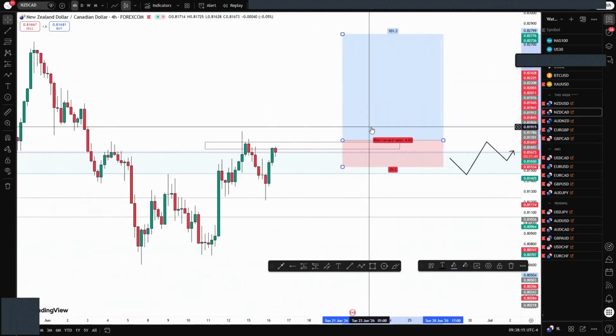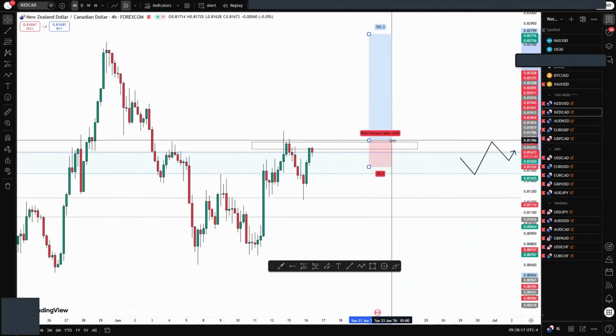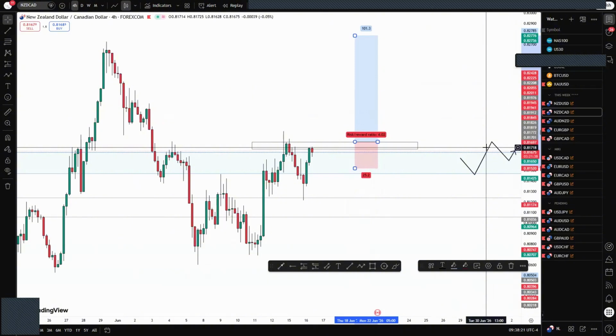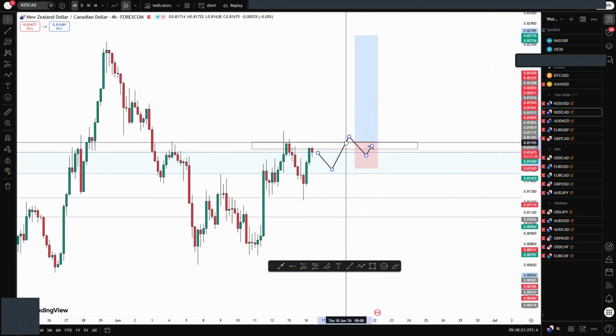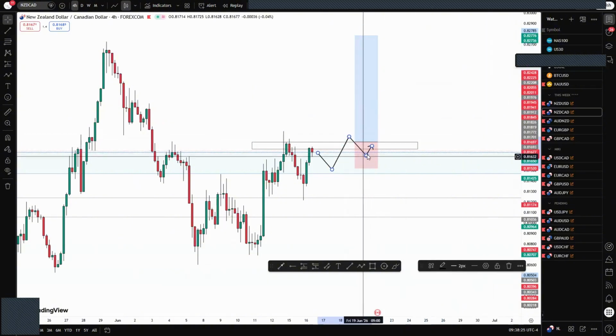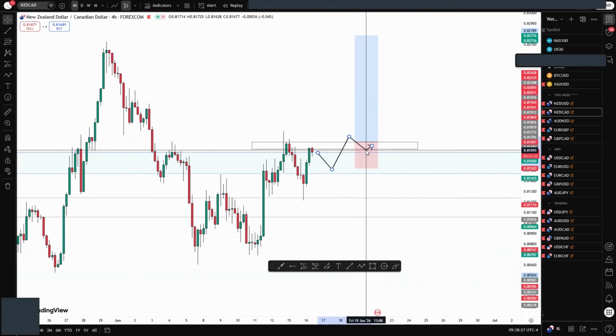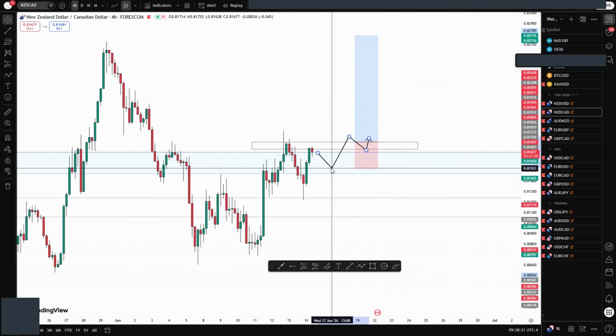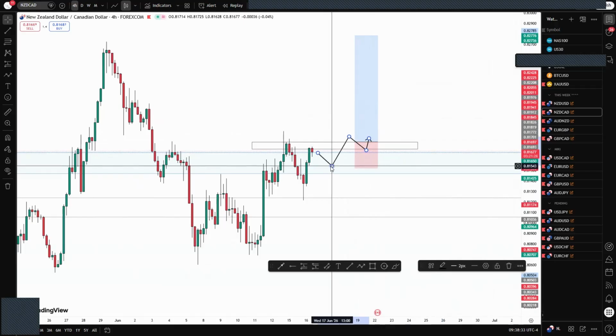Then price needs to break above and retest. Then we can sell, but just to first make an impossible low. Okay.